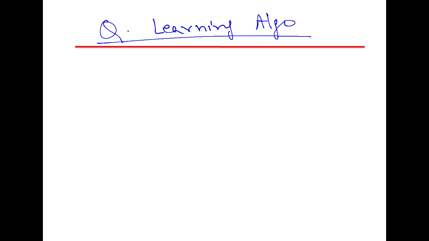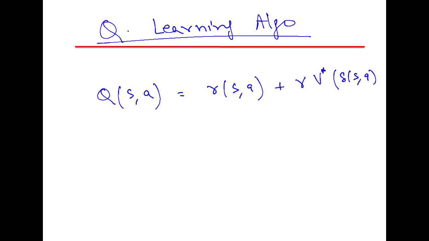Q(S, A) is the reward that you will get if you start with state S and take the action A. So this is the immediate reward. And this is the discounted future reward.